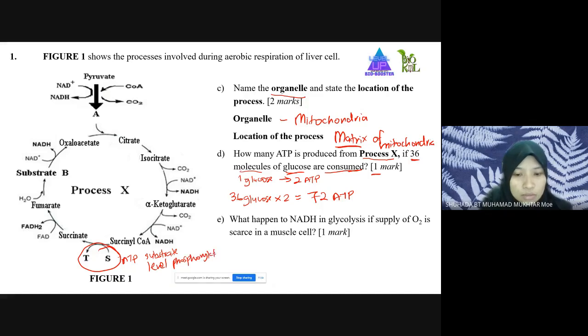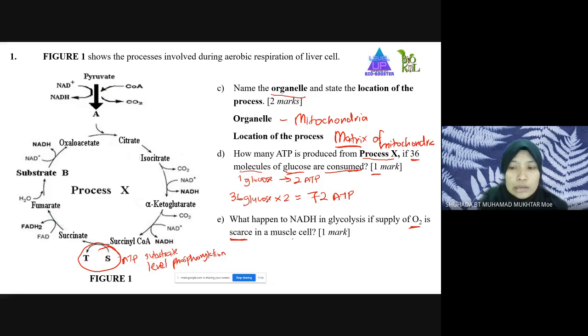Proses di mana ATP terhasil dalam Krebs cycle dan glycolysis ialah substrate level phosphorylation. Next. What happens to NADH in glycolysis if supply of oxygen is scarce in a muscle cell?